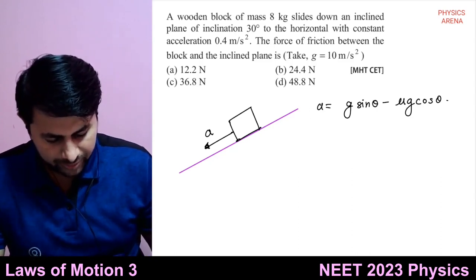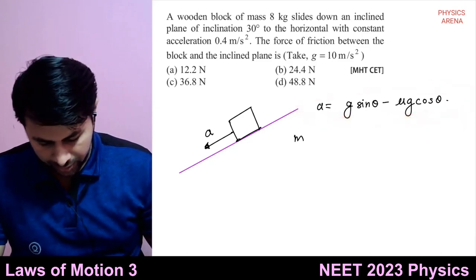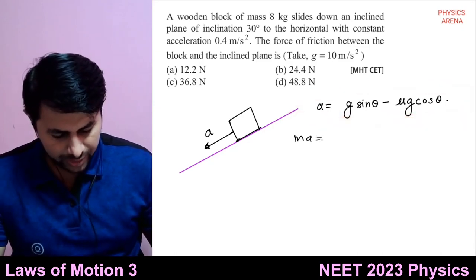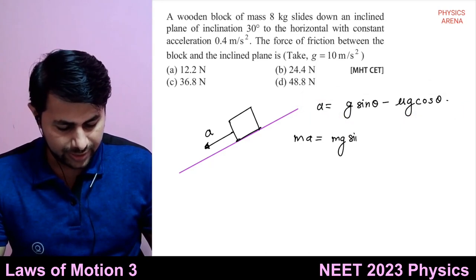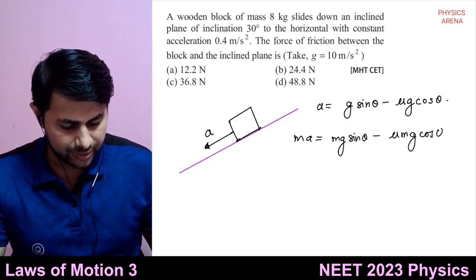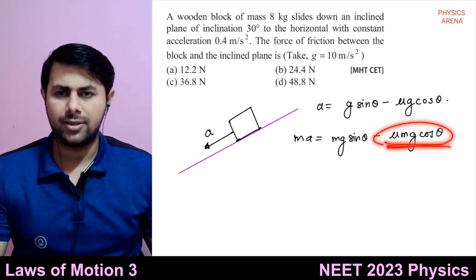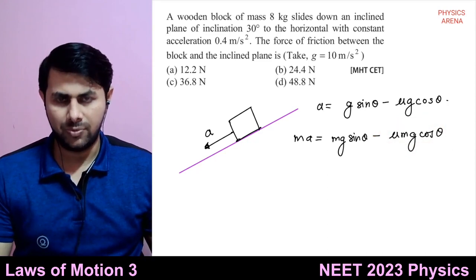If I multiply this with M, this is what we'll memorize: M into A is equal to mg sine theta minus mu mg cos theta. What is this thing? This is the force of friction, if you remember.